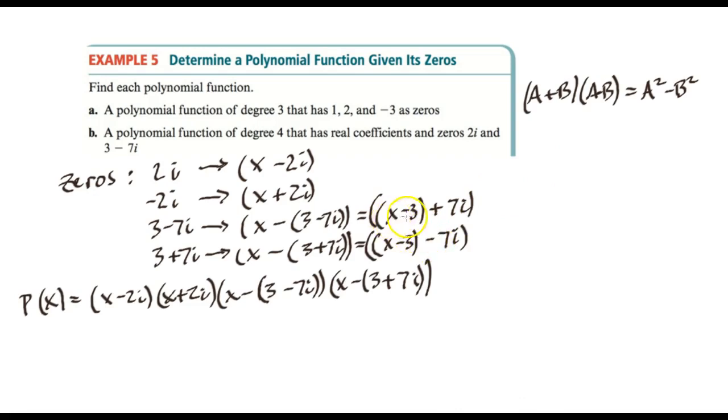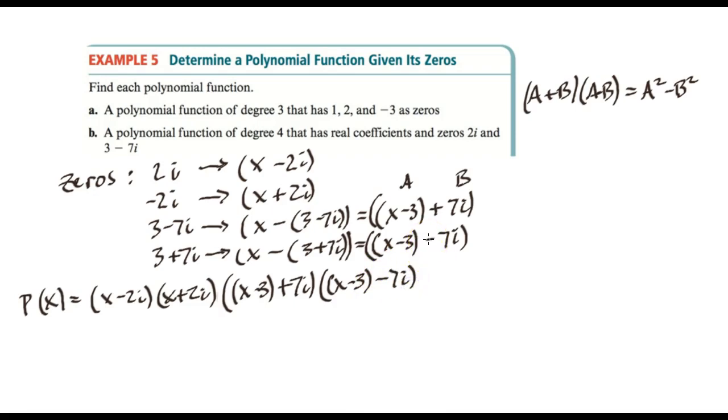So x minus 3 have the same sign, so that's like our a, and these have opposite signs, so this is like our b. Now we have the a plus b, a minus b form, and it'll be easier to multiply. So we rewrite this as x minus 3 plus 7i, and x minus 3 minus 7i.